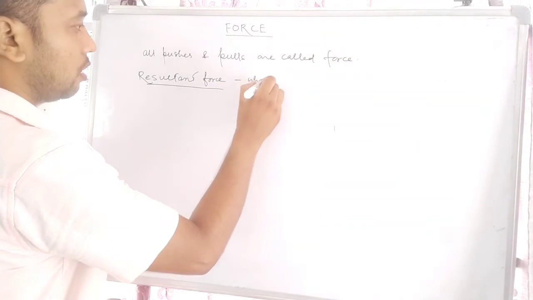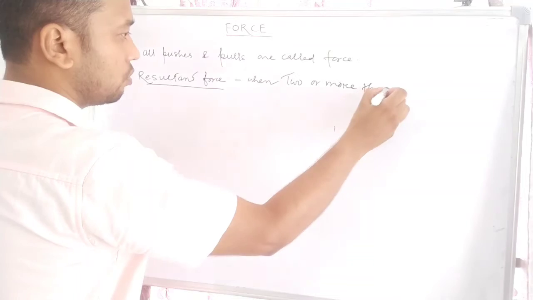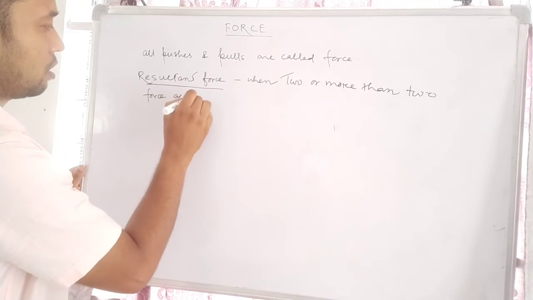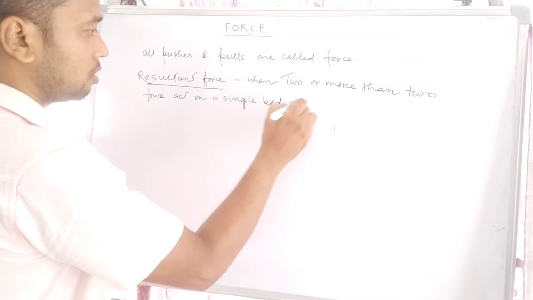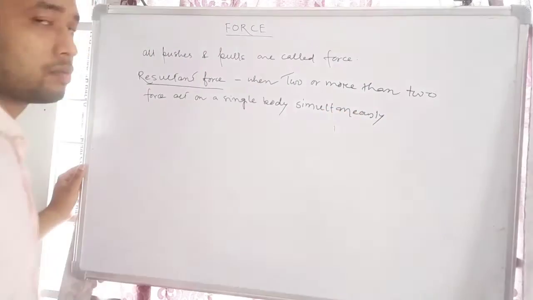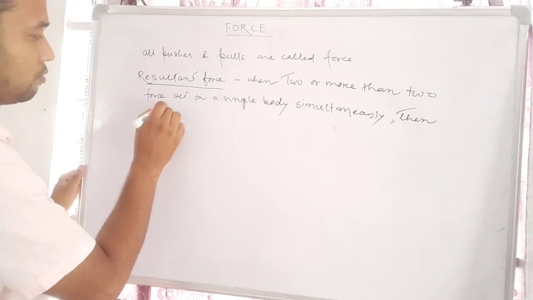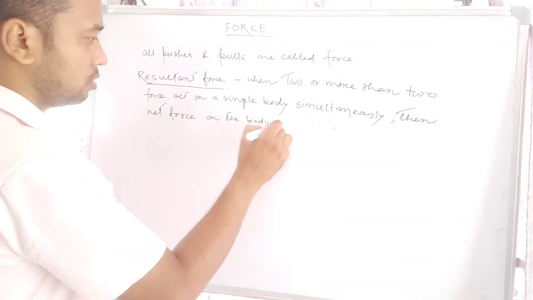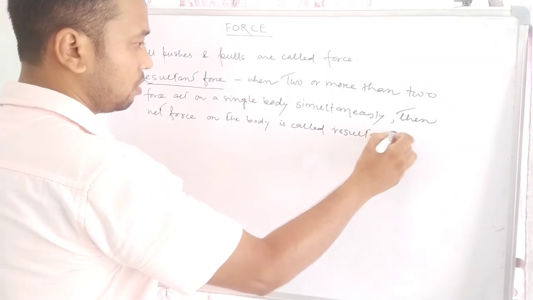So when two or more than two forces act on a single body simultaneously, okay, then the net force on the body is called resultant force.